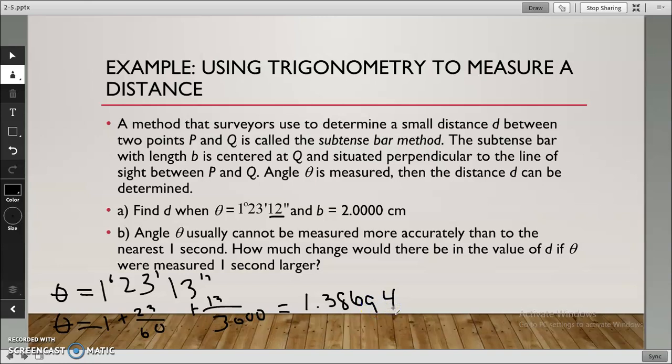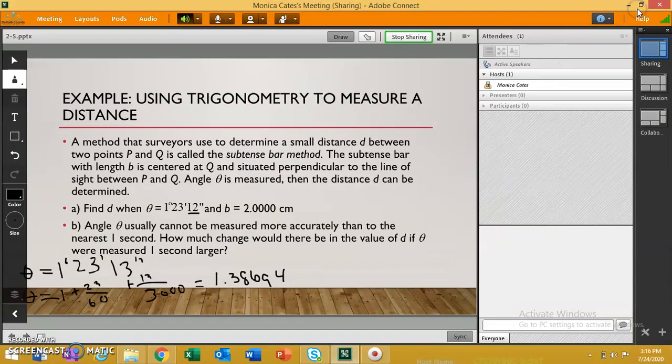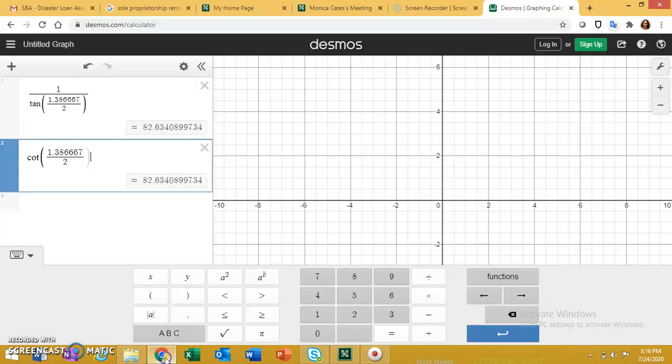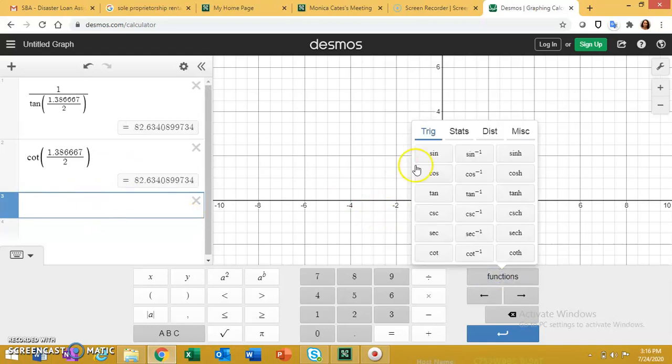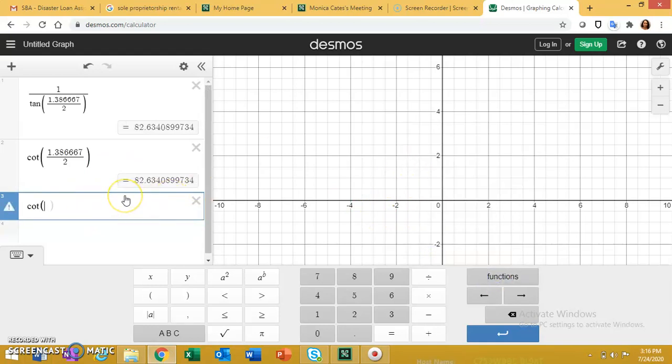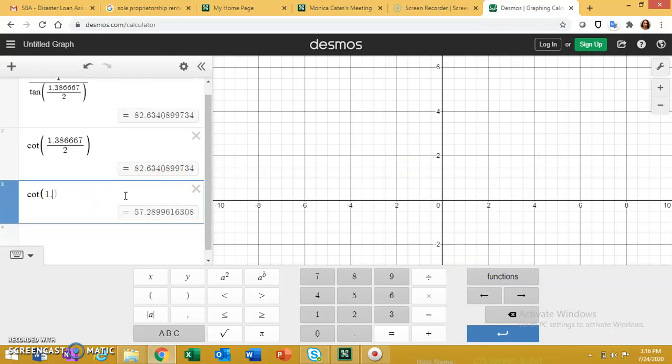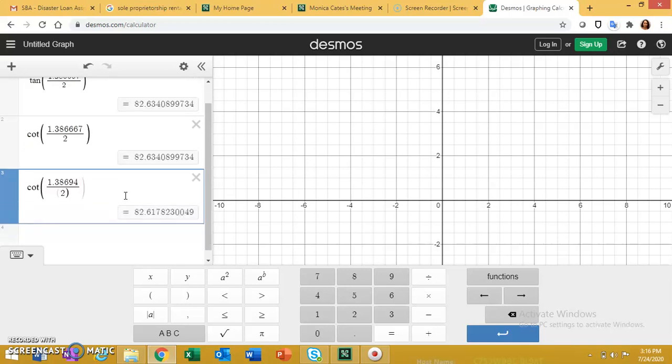And so this is the number that I would plug into my calculator. So instead, do cotangent of 1.38694 divided by 2 instead.